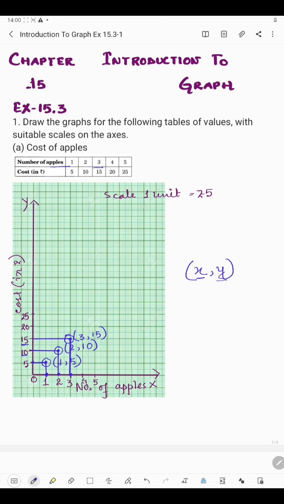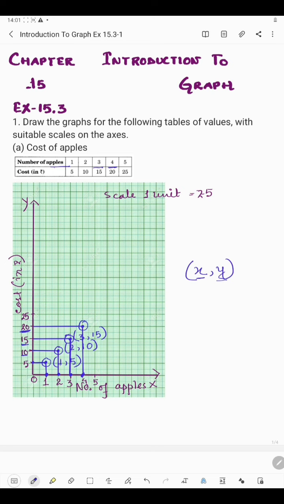Now when you are buying 4 apples, 4 is on the x-axis, then you are paying 20 rupees. So from 4 again you will go up till here, because if you go more than this, you will be going beyond 20, and for 4 apples you have to pay 20 rupees. So you will not go farther than this. From here you will go left to the y-axis. Here is 20.